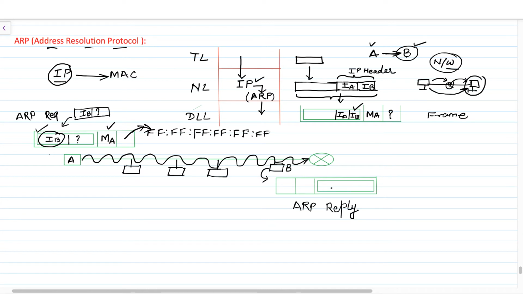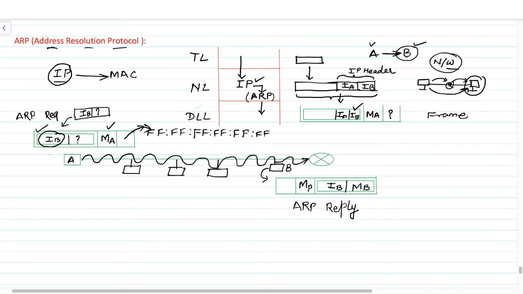In order to prepare this ARP reply, the source will mention its IP address and its MAC address. Also, in order to send this packet from host B to A, in this local hop, it is going to mention the source physical address.